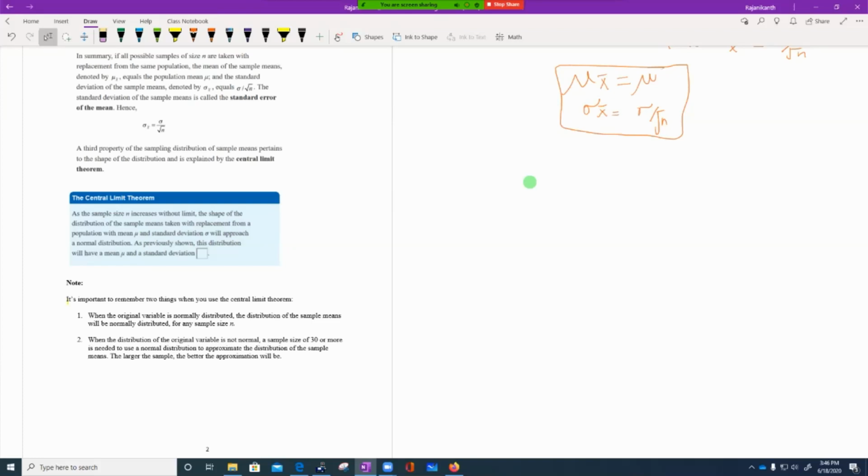So this is a very, very useful theorem, and the mean of that distribution of means is going to be mu, the population mean, and the standard deviation, which I need to write down here, is sigma over square root n.